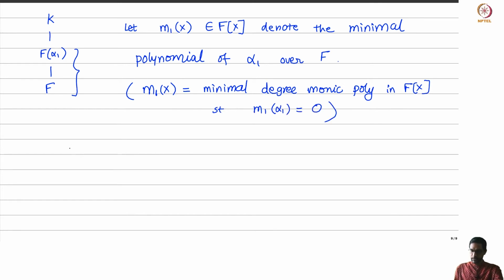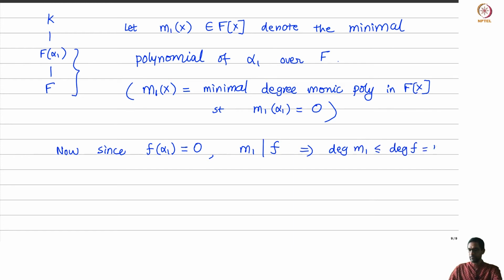Now since f(alpha 1) is 0, what this means is that m1 must divide f, because a minimal polynomial certainly divides any other polynomial which annihilates alpha 1. So in particular the degree of m1 is at most the degree of f.